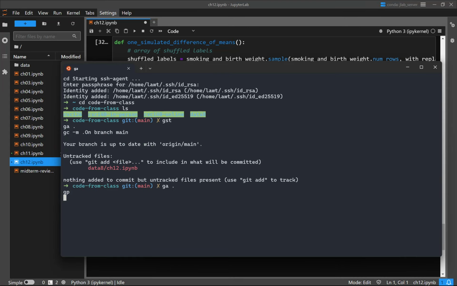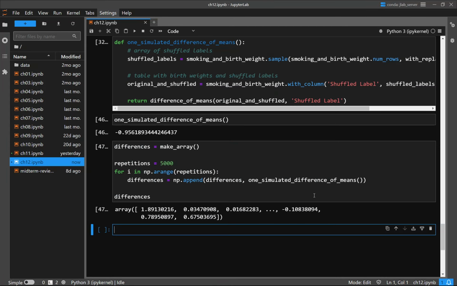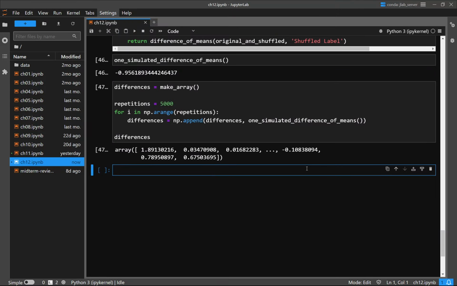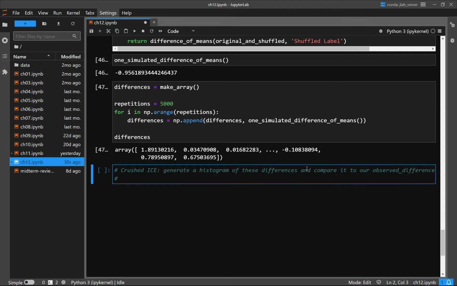If you go to the code from class page, you should have everything that we've done so far. Now I'd like you to at least think about how you'd write this code. It might take a while to do the same kind of simulation if you run all these cells, but try to generate a histogram, or at least type out, knowing that it's called differences, how you would make a histogram of these simulated differences and compare that histogram to our observed difference value of about -9.